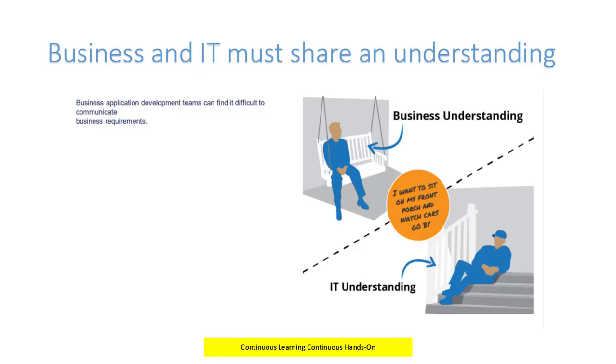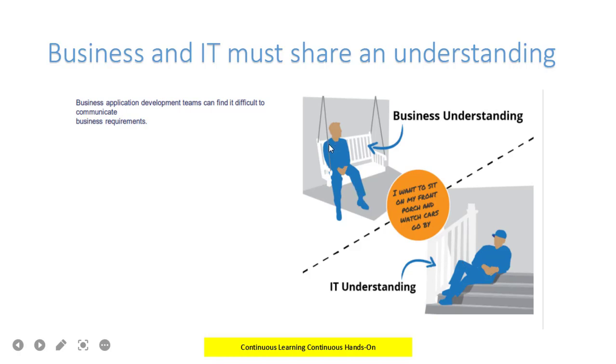They want some tool to sit on, move to and fro and watch the cars. Here the IT understands that we have to develop something he will sit in front of and watch the cars go by. So this is a misunderstanding between the business and IT, correct?